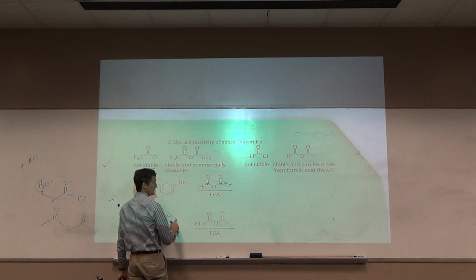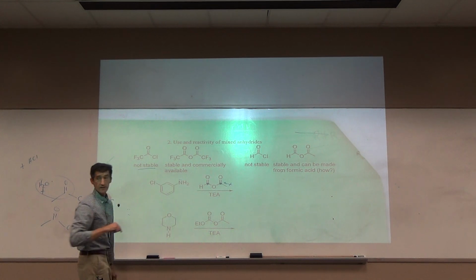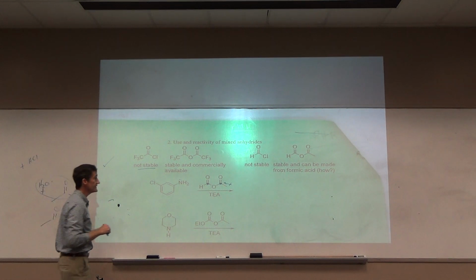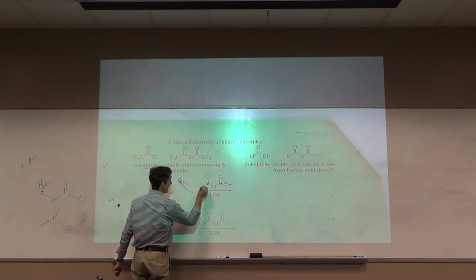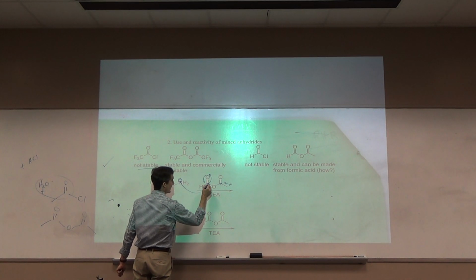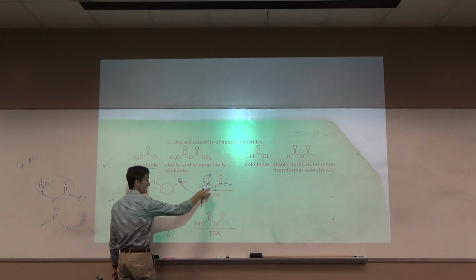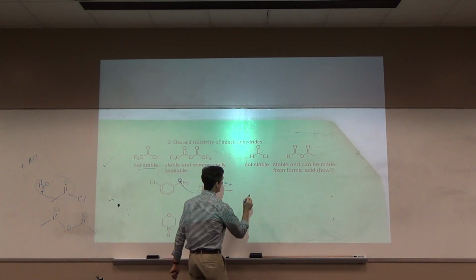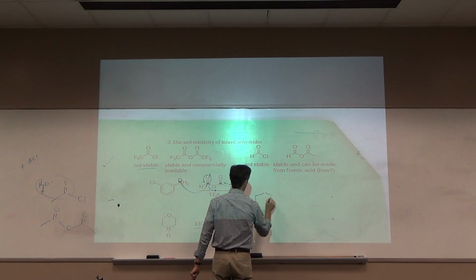More reactive here. And I've actually used this mixed anhydride before, and it reacts very nicely. It reacts here. Electrons up, back down. Kick that off. That's the leaving group, right? And we're going to get product here.